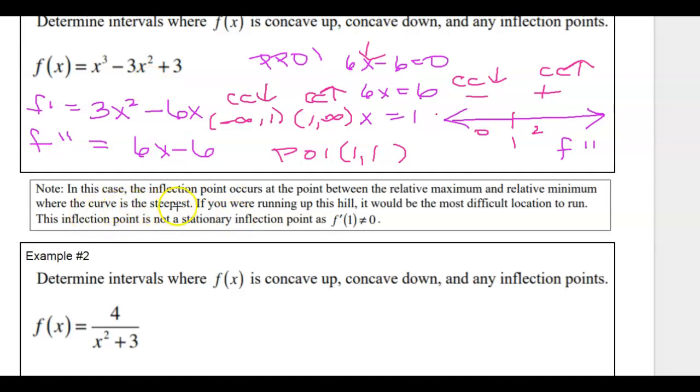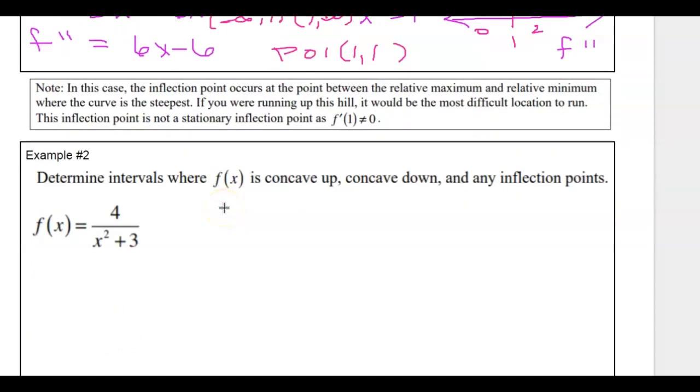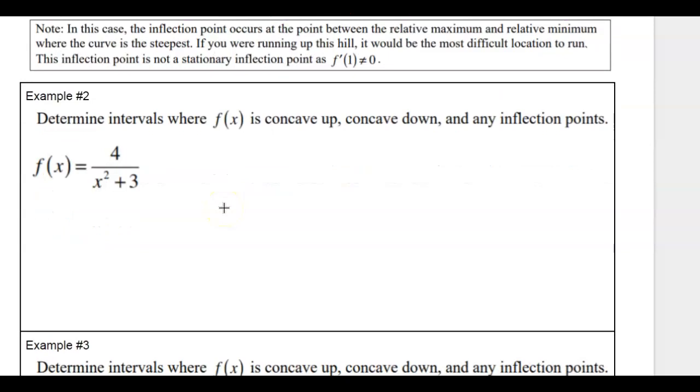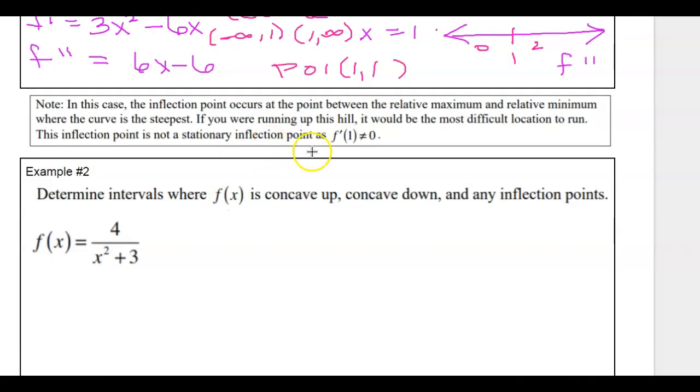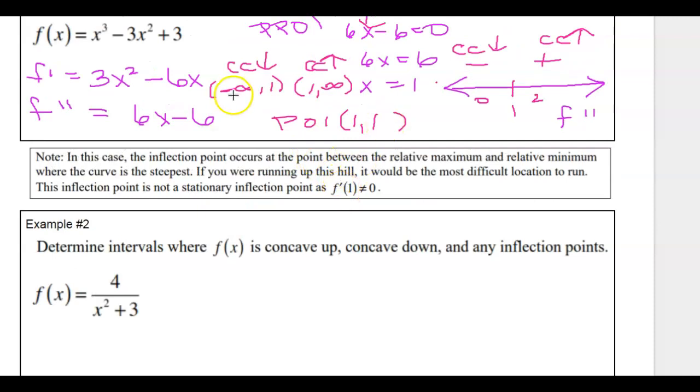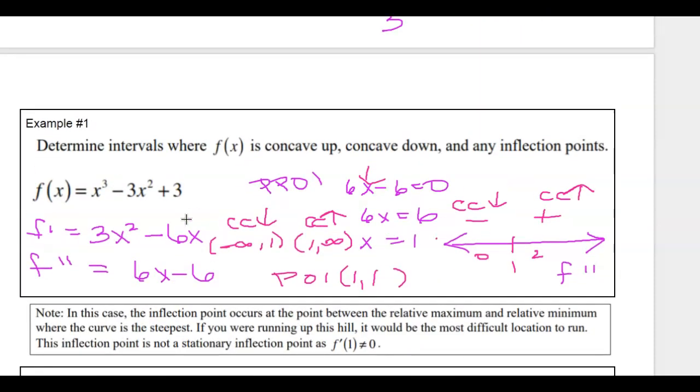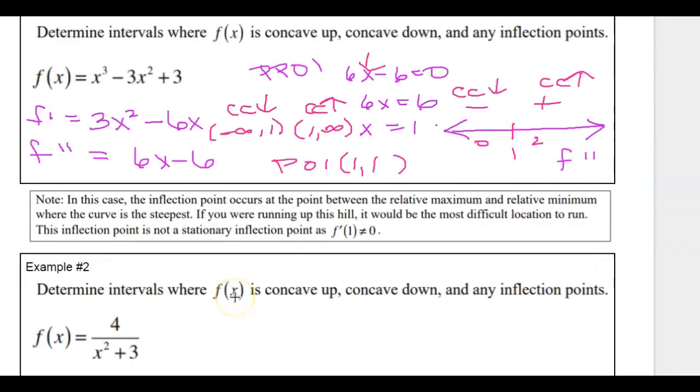And that's where the curve would have been the steepest. So the stationary inflection point, I would have to find my first derivative and plug that in. But I didn't ask for that. And that's not a question that the AP asks or my quizzes will ever ask either, just so you know.